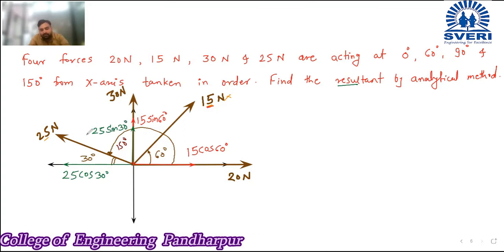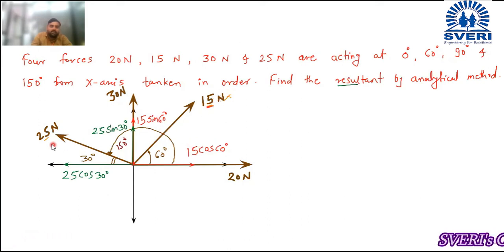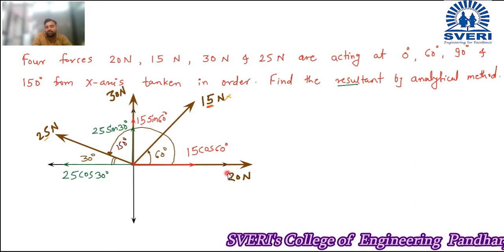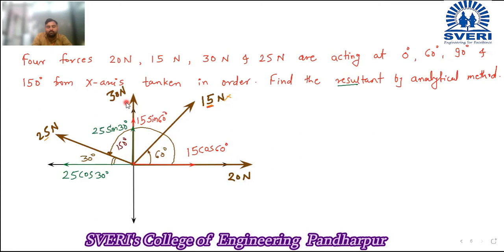Now see what we have done over here and let me know if any doubt is there. We have resolved this force of 15 Newton into two components and we resolved this force of 25 Newton into two components. This is a horizontal force, so there is no need of resolution. This is also a vertical force, so it need not be resolved.